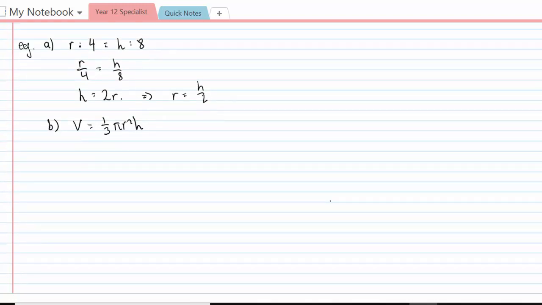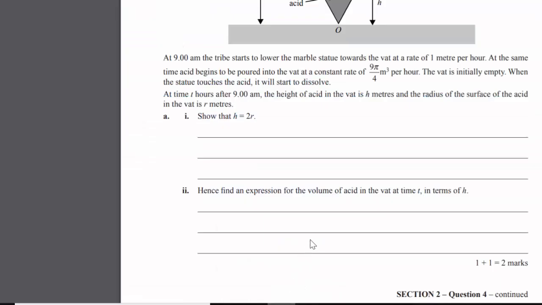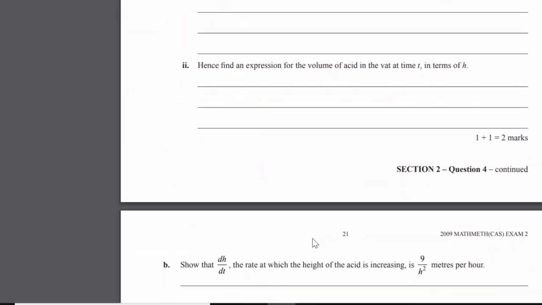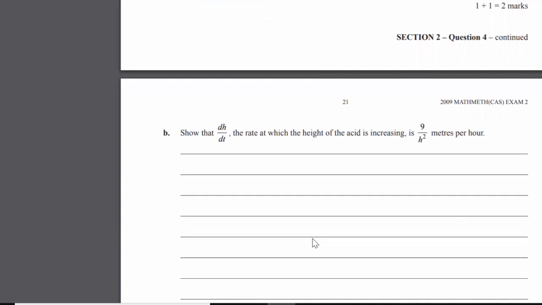And then I'll substitute that into the equation here. So V equals 1/3 pi times h on 2 squared multiplied by h. And simplifying that, I'm going to get V equals pi h cubed on 12. Okay, that's the second part of the question. So we've got volume in terms of h.